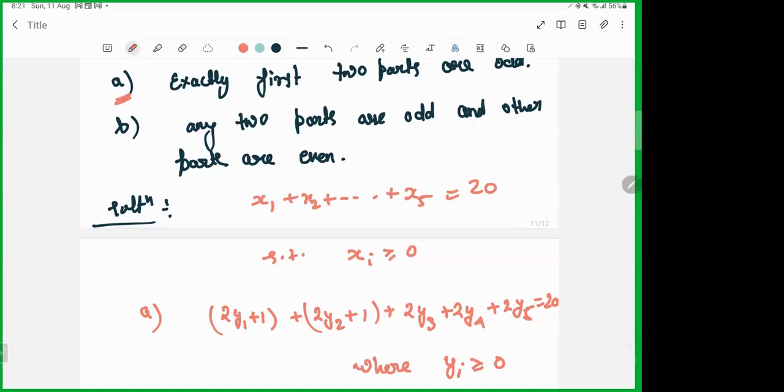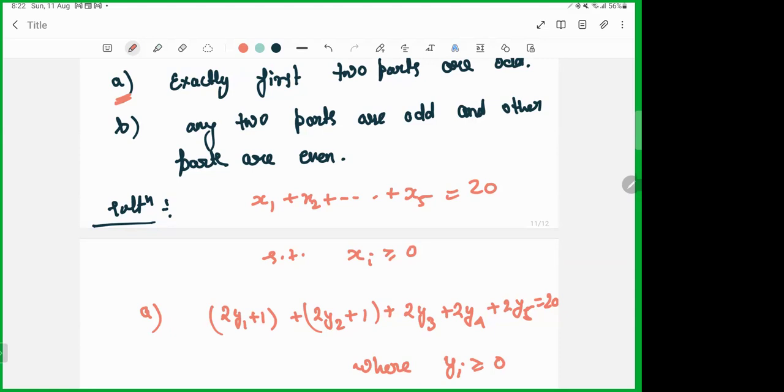So now what about the second part? Any two parts are odd. Now there can be any two parts which are odd. We computed first two parts are odd, but now it says any two parts are odd. So how will you do? You can choose two parts among five, 5 choose 2. Yes.